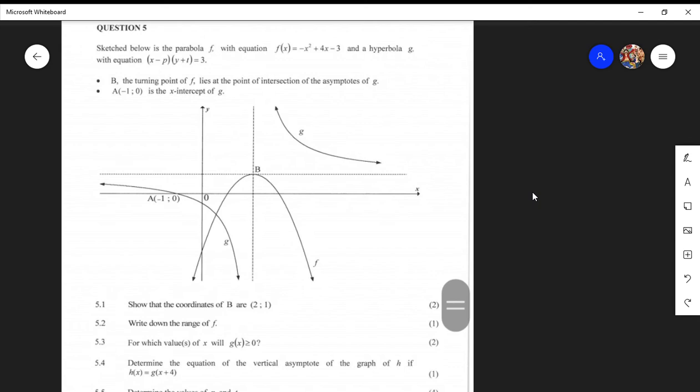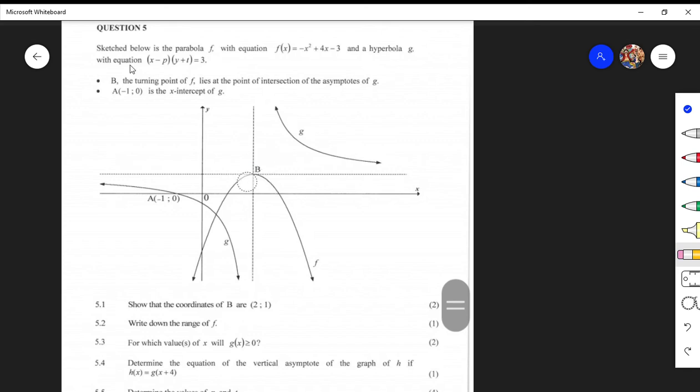Then they say B, the turning point of f, lies at the point of intersection of the asymptotes of g. So the vertical and horizontal asymptotes of g intersect at the turning point of our quadratic graph, which is right here.